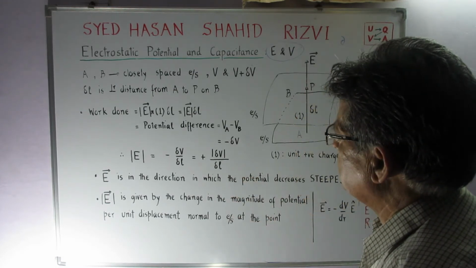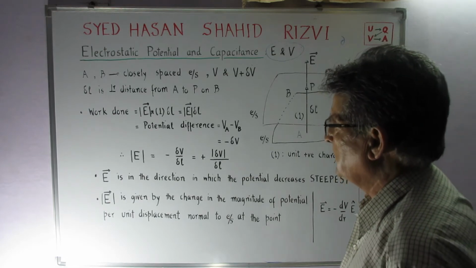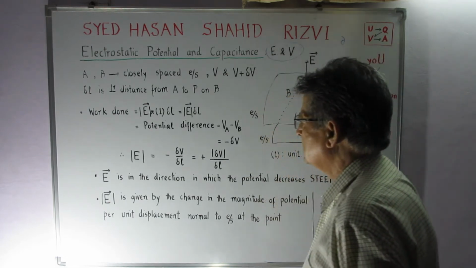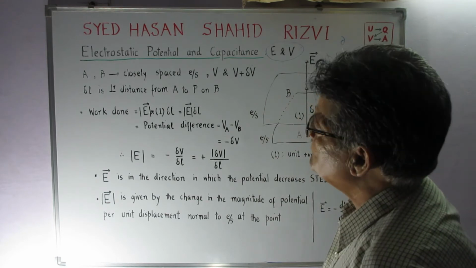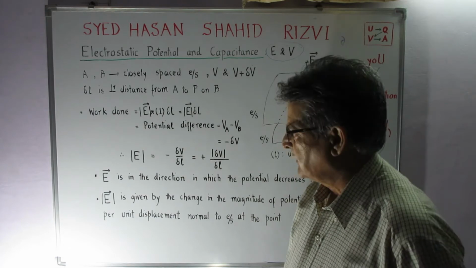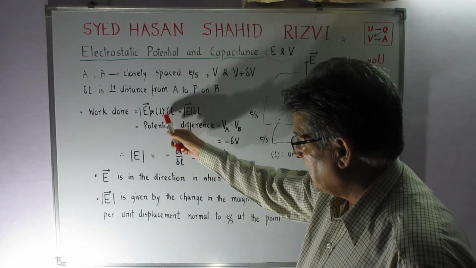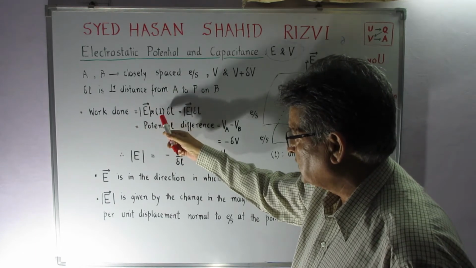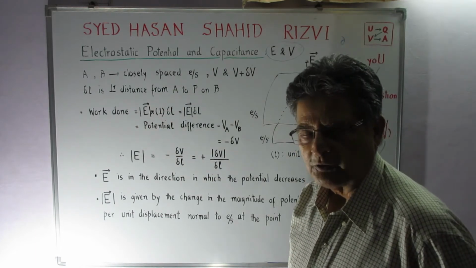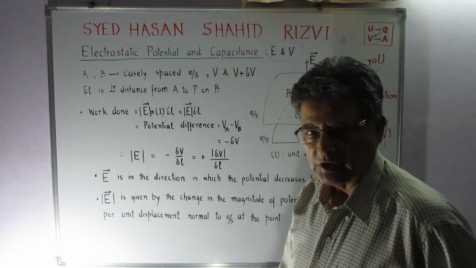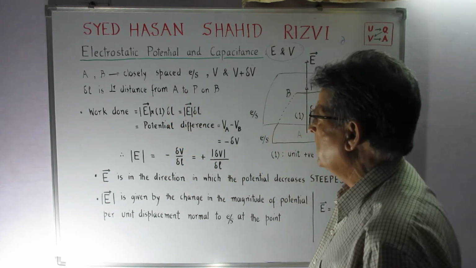The work done will be equal to the magnitude of the electric field multiplied by this unit charge, that will make the force, and force multiplied by delta L will give the work done.